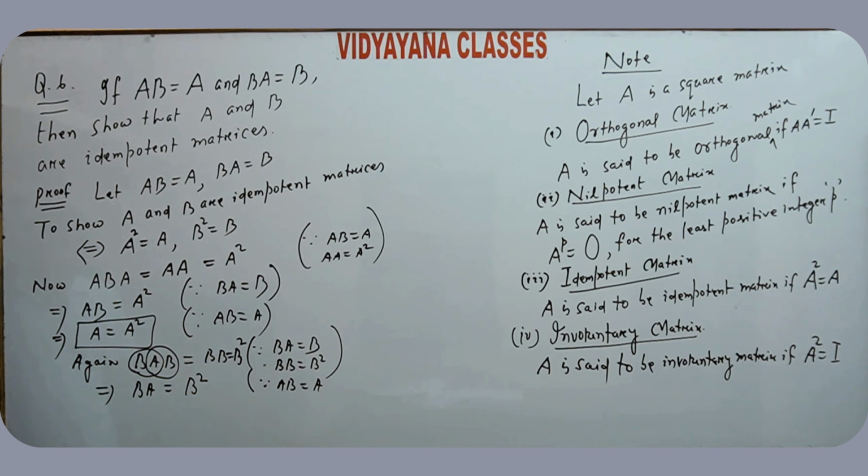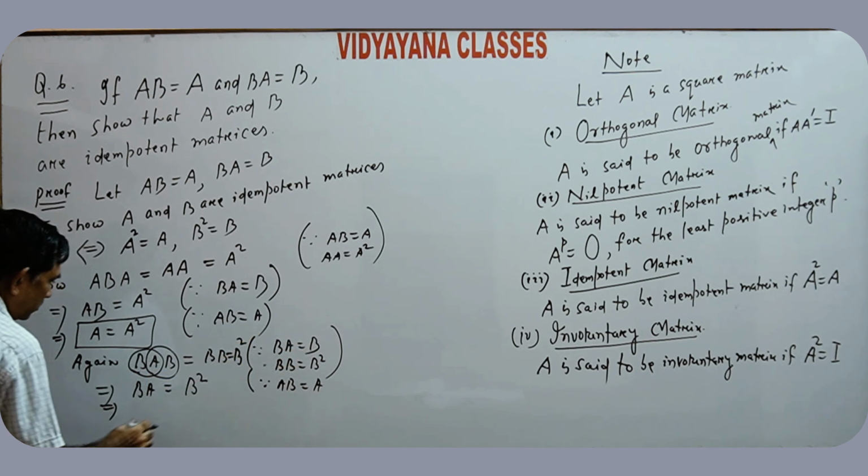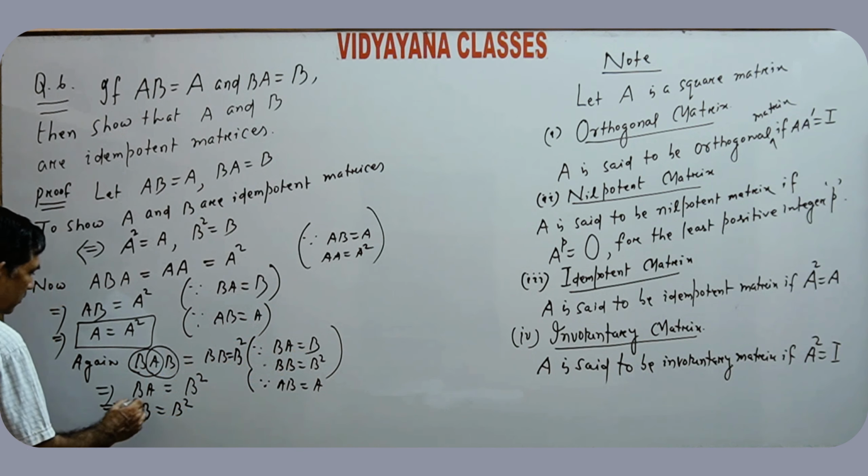Since AB is equal to A, it gives BA is equal to B square. But BA is equal to B, so B is equal to B square.